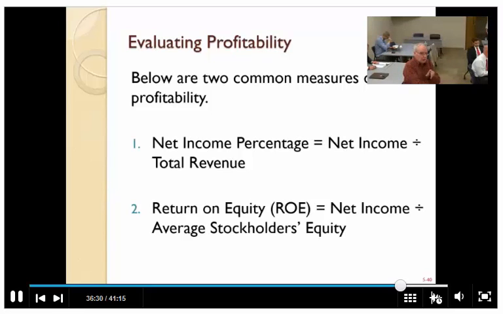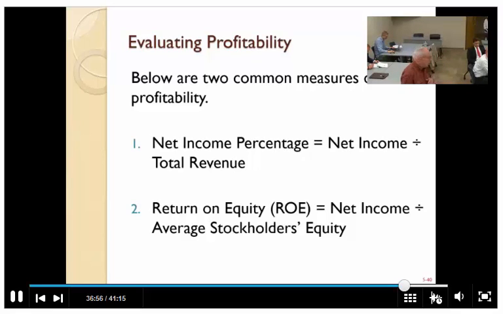Again, net income from the income statement divided by total revenue from the income statement. Return on equity is net income divided by average stockholders' equity. So in Connect, you're going to be given the beginning balance and the ending balance. You have to calculate the average. Okay?